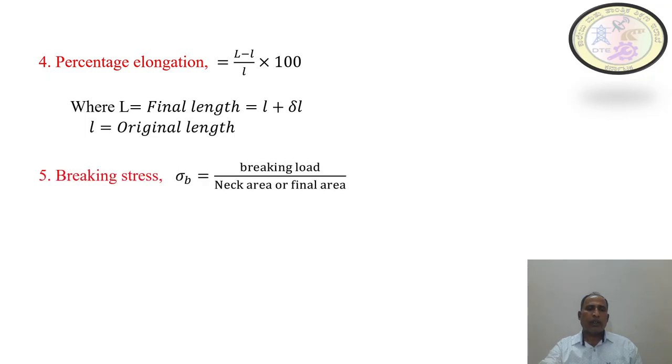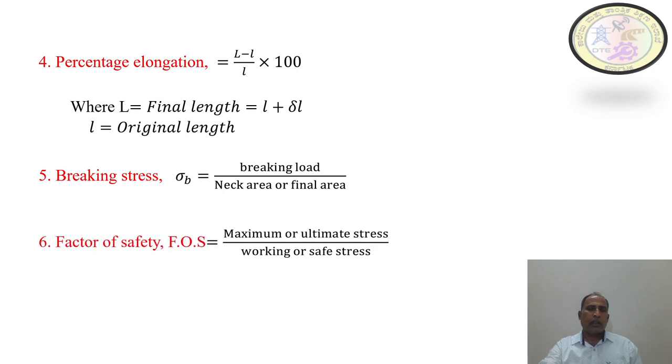Breaking stress is the ratio of load at breaking point to the neck area or the final area. Then lastly the factor of safety, it is the ratio of maximum or ultimate stress to the working or safe stress. So it is used to calculate the safe stress when the ultimate stress or the maximum stress is given in the numericals.